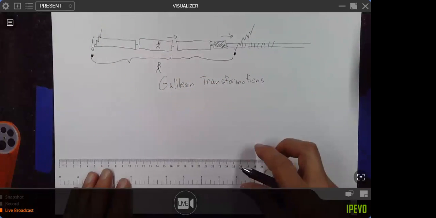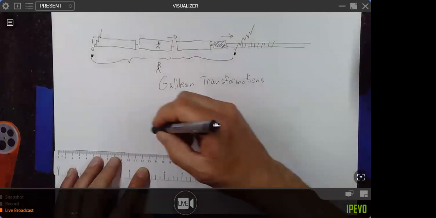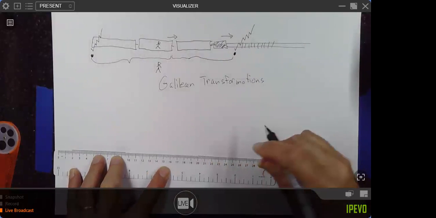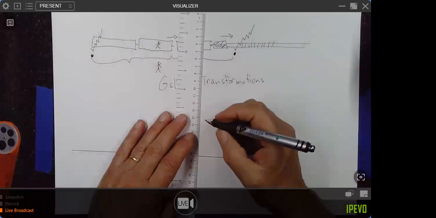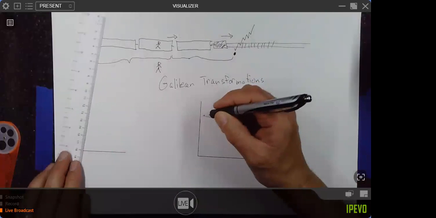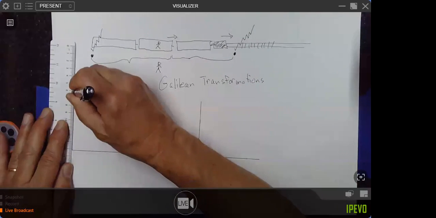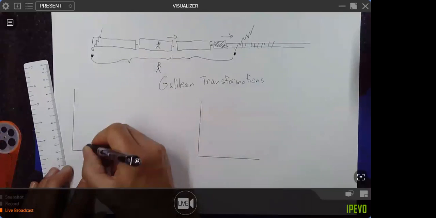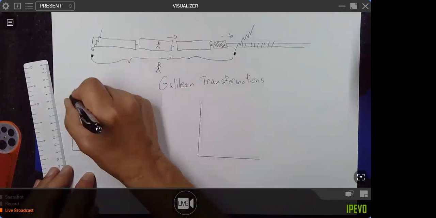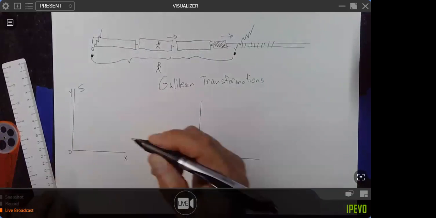And so I'm going to have a couple of reference frames, a moving reference frame and an at-rest reference frame. This is related somewhat to the relative velocity things that we looked at fall quarter a little bit. But this will be the S reference frame. This will be X and Y in the S reference frame. Here's the origin of it.